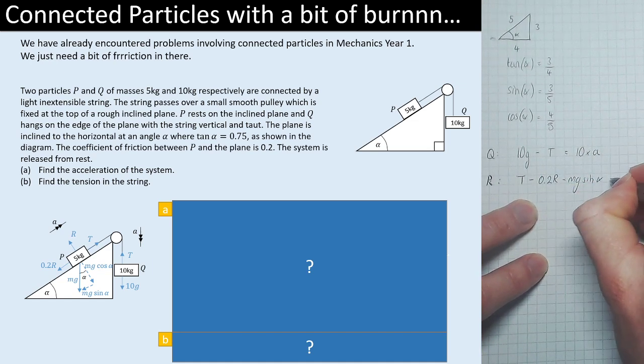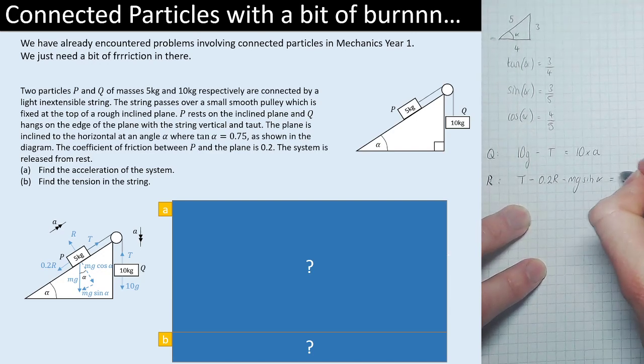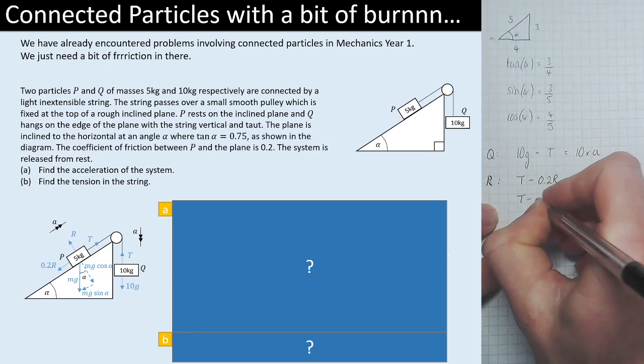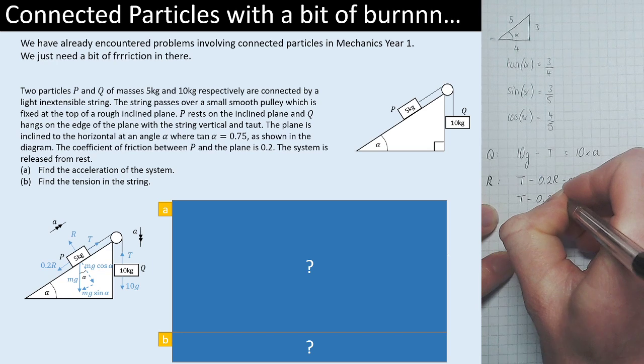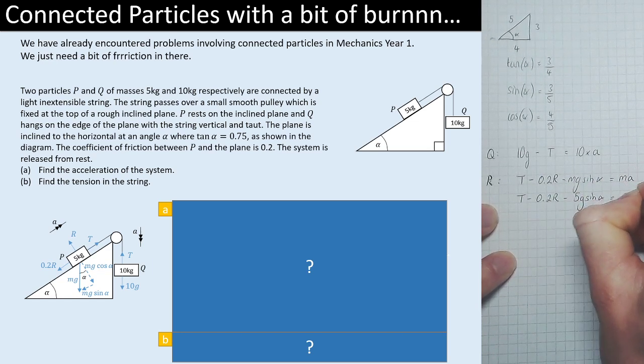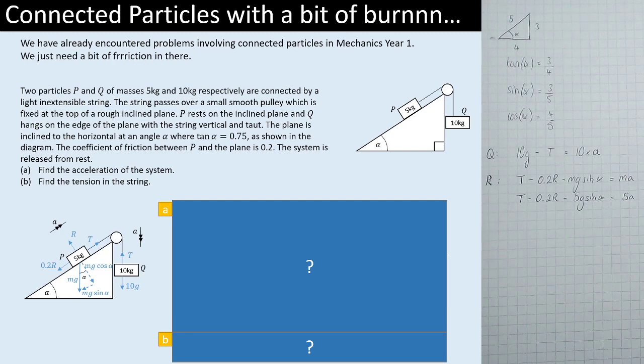Okay. And that is equal to mass times acceleration. Now, in this case, the mass is just 5, so let's actually write that in.